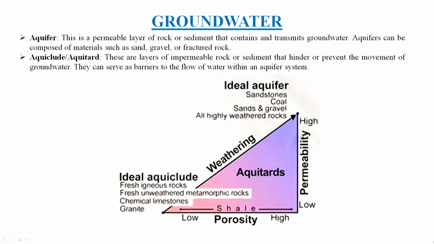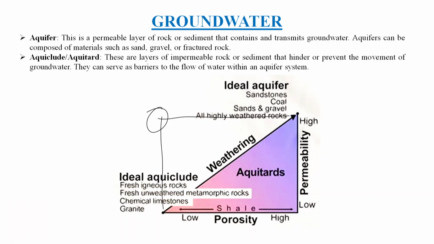If I had a rectangular one, for example, if I draw it like this, then there would be a position in this corner where you get a scenario with very low porosity but very high permeability.